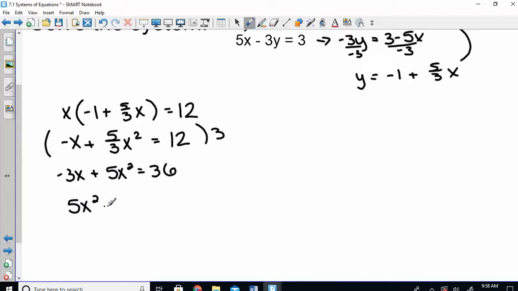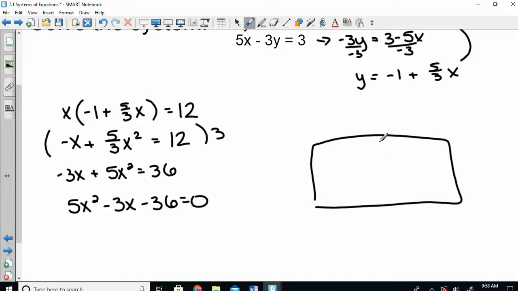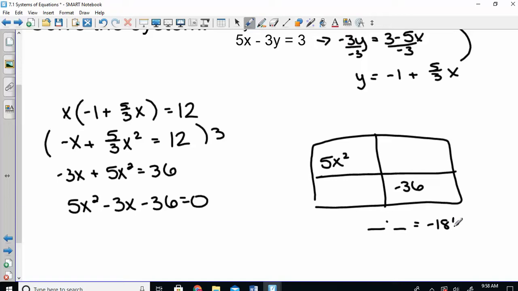This is a quadratic, so we would like to set it up so we can factor. So if we subtract the 36, we have to do the full box method this time. So we multiply to a negative 180, add to negative 3.